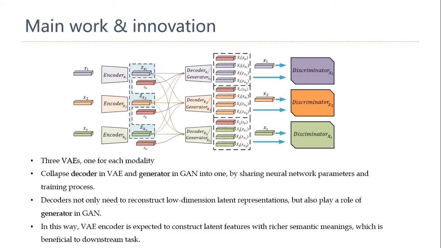So let's have a look at our proposed model. In our model, you can see three VAEs, one for each modality. We collapse the decoder in VAE and the generator in GAN into one, and they will share neural network parameters and the training process.